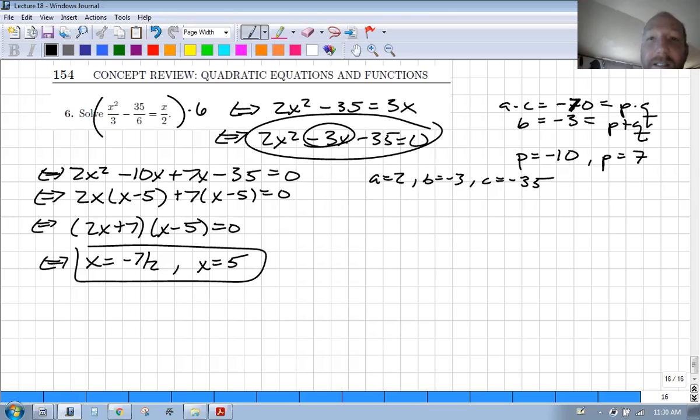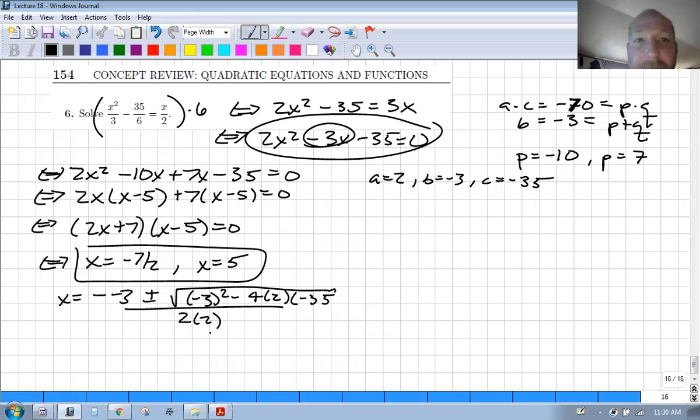We would have said x is negative b plus or minus the square root of b squared minus 4ac, all over 2a, which would be 3/4 plus or minus the square root of 9 plus 35 times 2 times 4, 280.